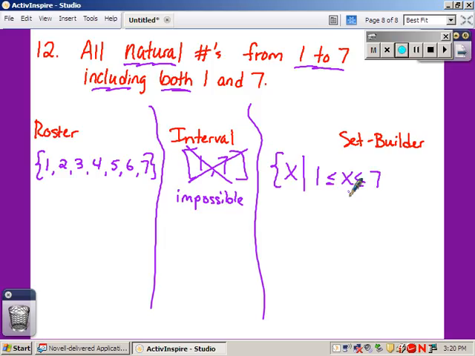But see, this, again, just like the interval, says just from 1 to 7, including both. It doesn't say anything about natural numbers. But you can add to Set Builder, you can add a notation. So just like we did a minute ago, we're going to put x has to be a natural number. Now we close it, and we're done with it.